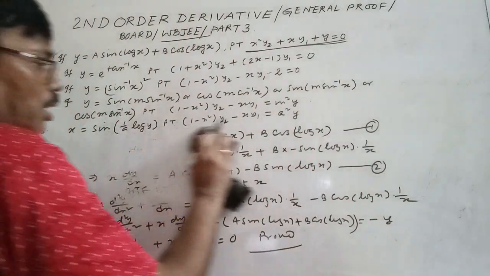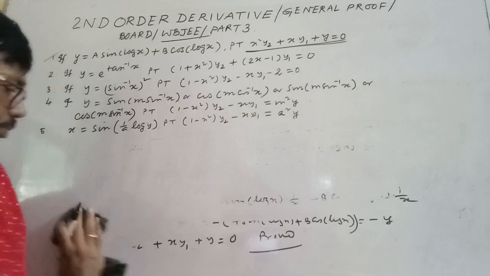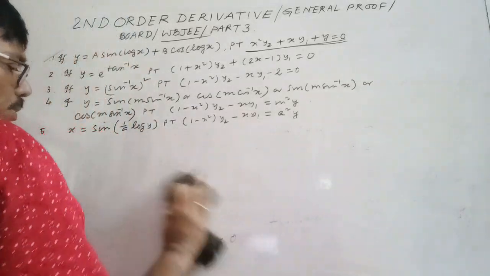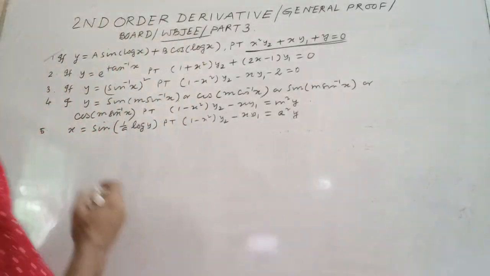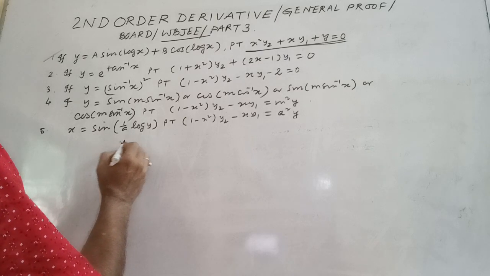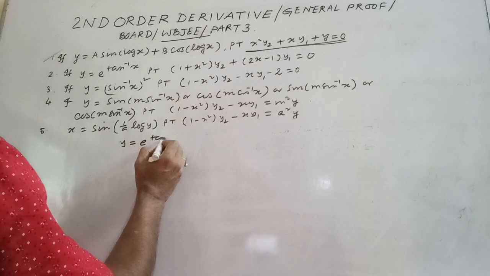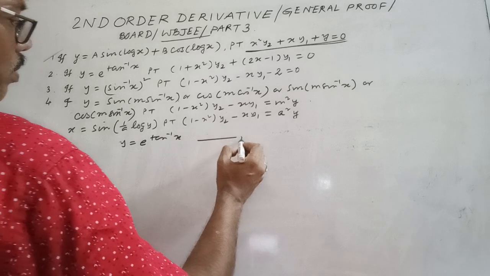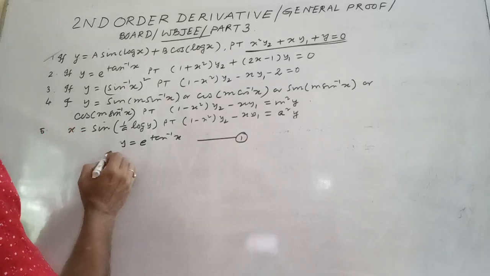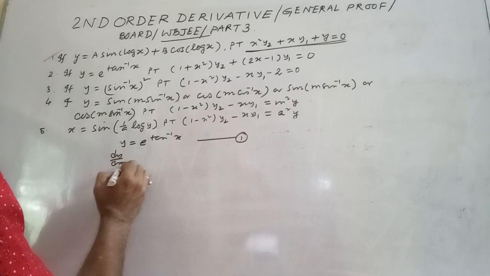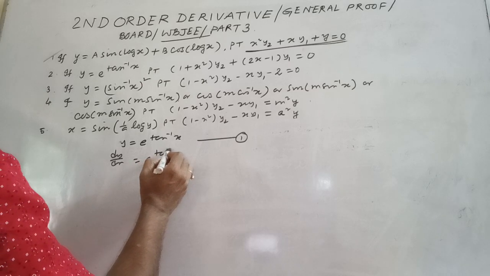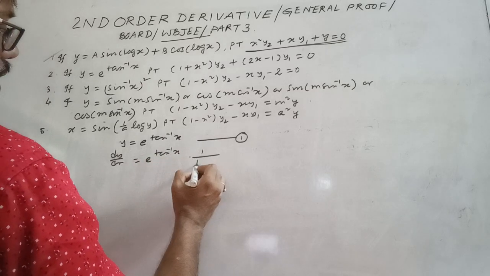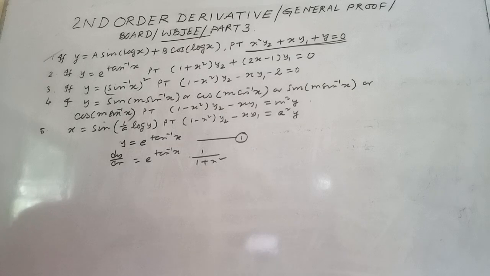Next, problem number 2: y equals e to the power tan inverse x. These are all problems of WBJEE. So what is dy by dx? e to the power tan inverse x into 1 by 1 plus x square.